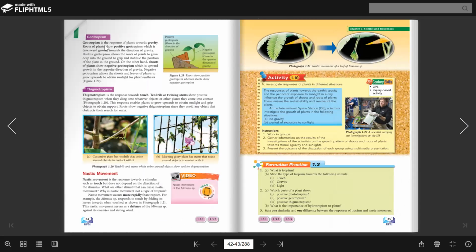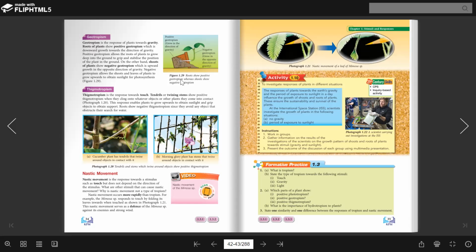The next one is geotropism. Geotropism is the response of the plant towards gravity. Here, they show two types of geotropism, either positive geotropism or negative geotropism. Basically, the root will show positive geotropism because with gravity, everything should be at the bottom, not at the top.